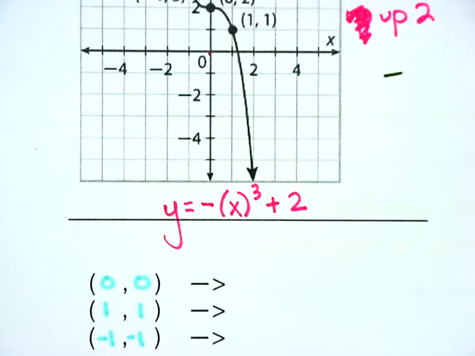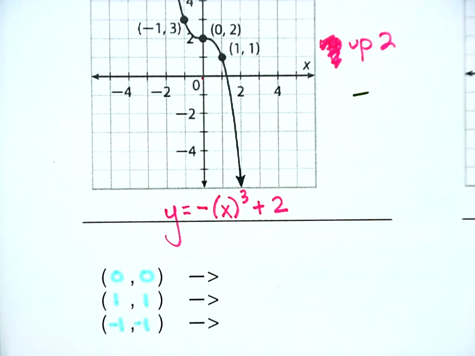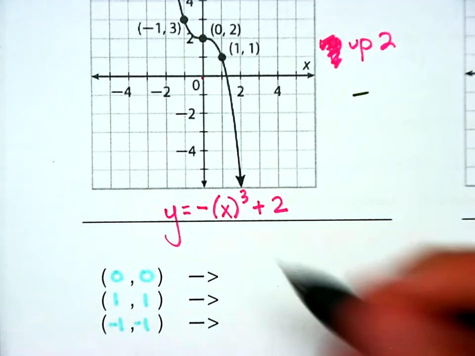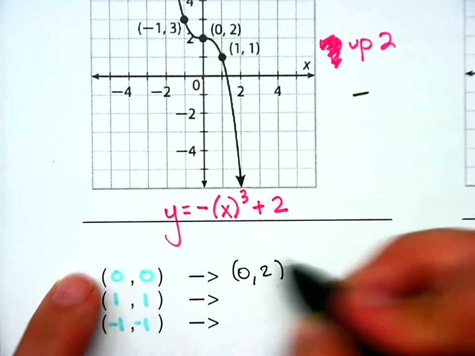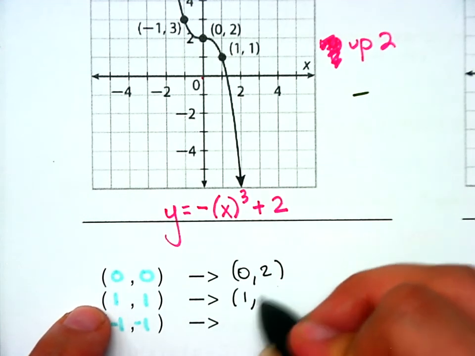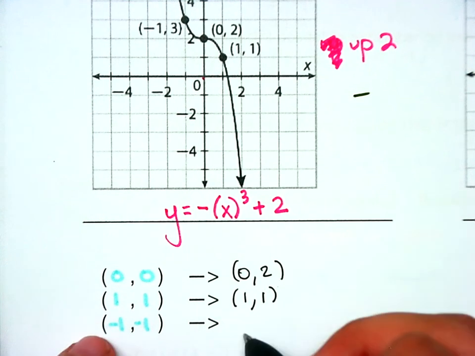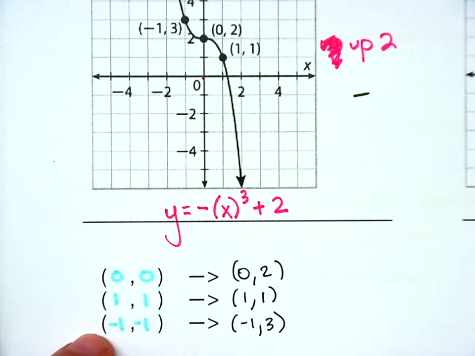And then just wanted to show you guys that those original points, if it was the parent function, have moved, and now that new middle point is at the point 0, 2. This one has moved to, actually it's still 1, 1, and then this one is -1, 3. Like that.